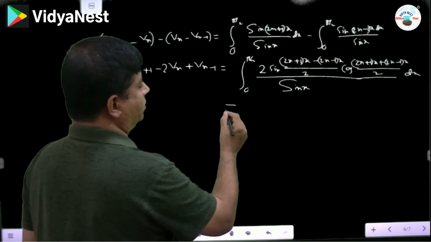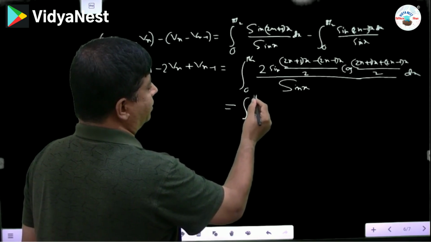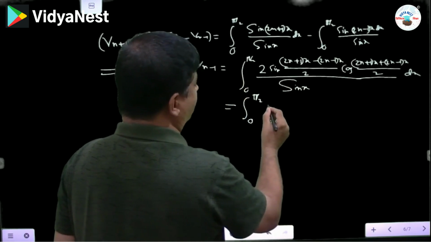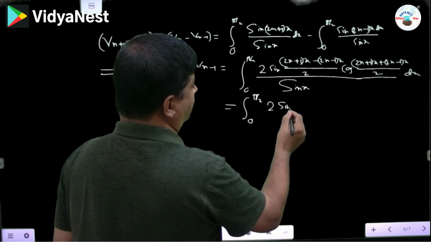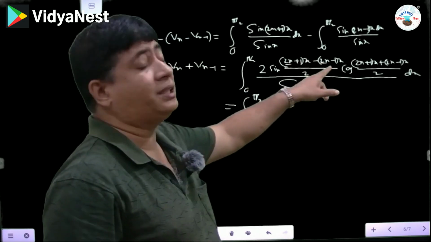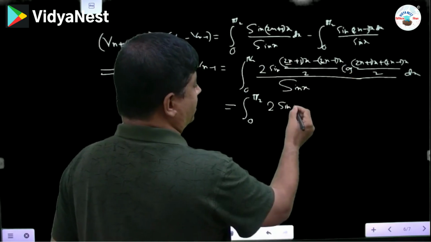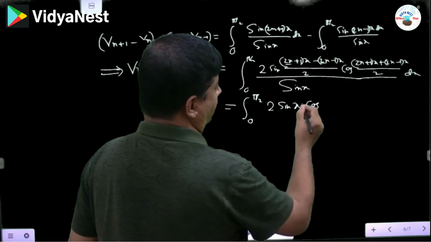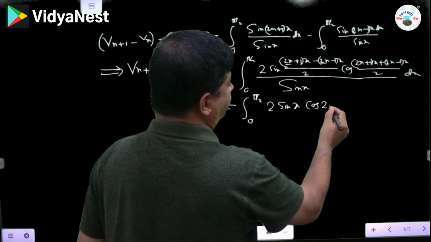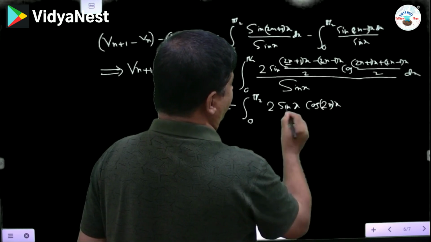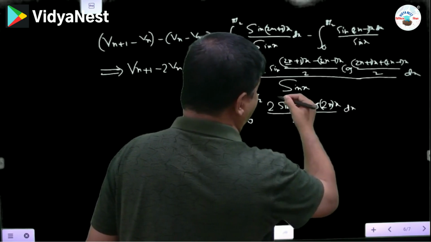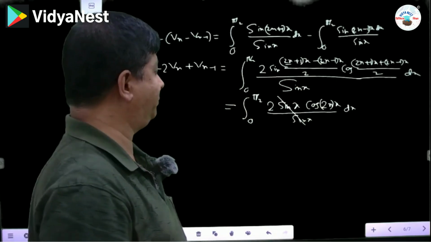So it gives you what? If you remove this bracket, you will get what? Twice sin c minus d, 2nx will get cancelled. X plus x 2x by 2 sin x. And cos x and x will be cancelled. 2nx by sin x. So we are tending to the maximum simplification.